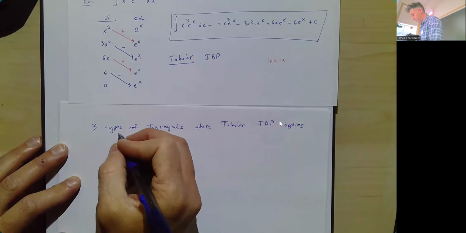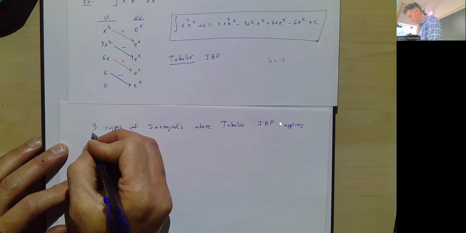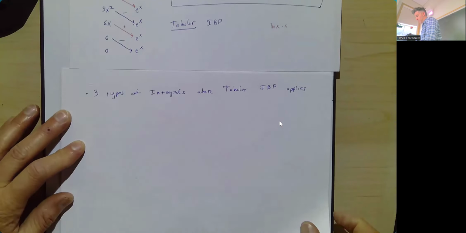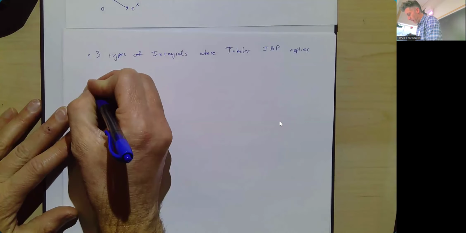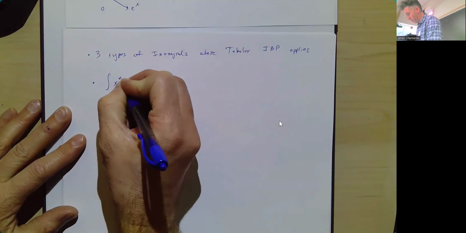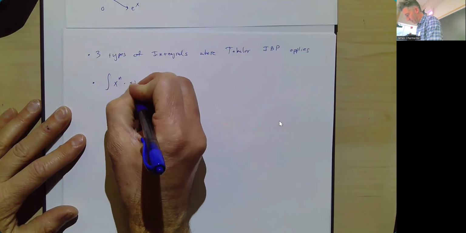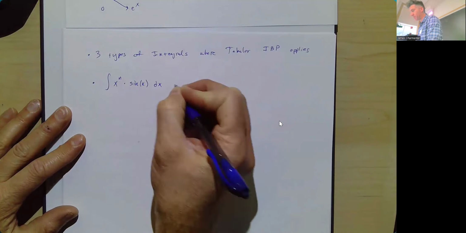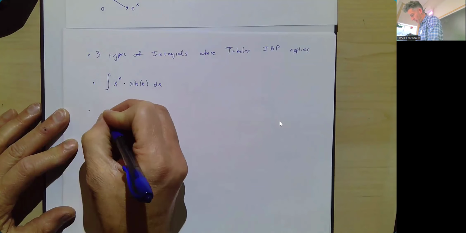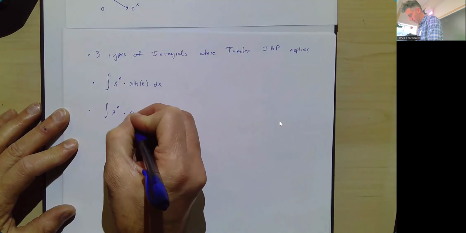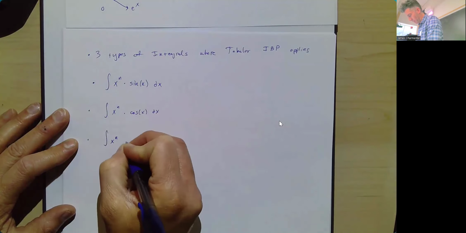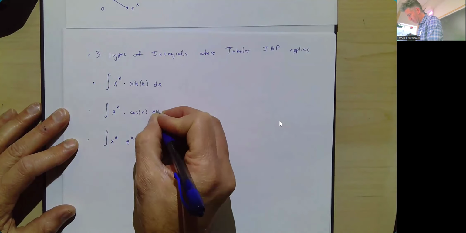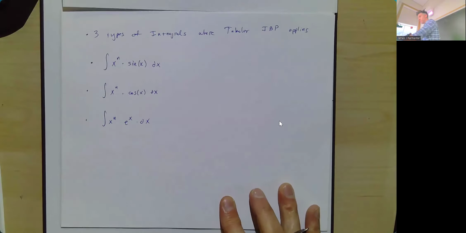I'm going to try to write these as generally as possible. So I think of them this way, but I'm writing them in the basic case first, and then the more complicated. You can either have x to a power times sine of x dx, x to a power times cosine of x dx, or x to a power times e to the x dx.